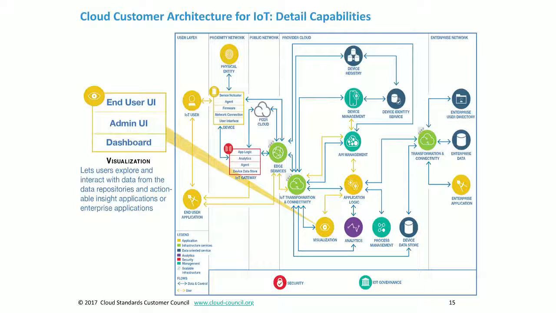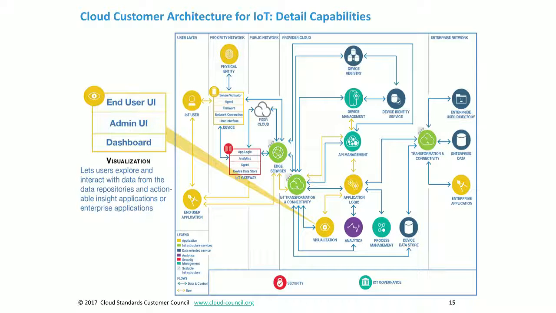Next component I have on here is the End User UI, and there are actually various UIs. So I'll probably have some level of End User UI. If you think about, let's say, an appliance manufacturer, they may have a UI for their end user, the customer who actually buys the appliance. There'll be some level of admin UI, for somebody who's managing the overall solution.